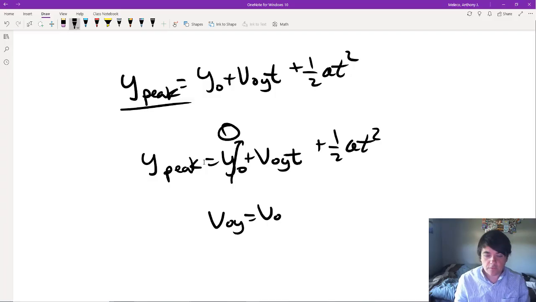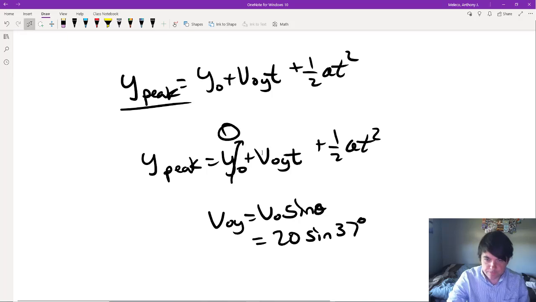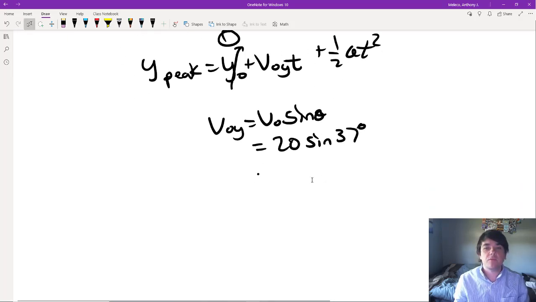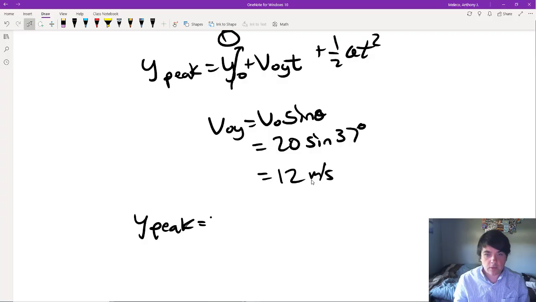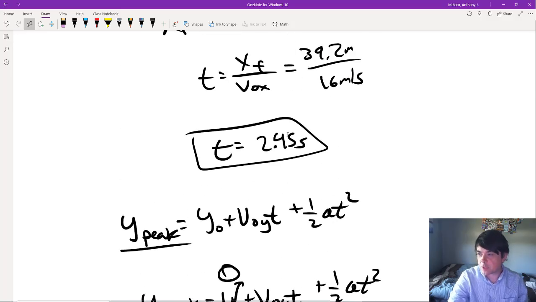So v naught y is v naught sine theta, which is 20 sine 37 degrees, and this is roughly 12 meters per second. So y peak then will be 12 meters per second times our time. So what's our time going to be?